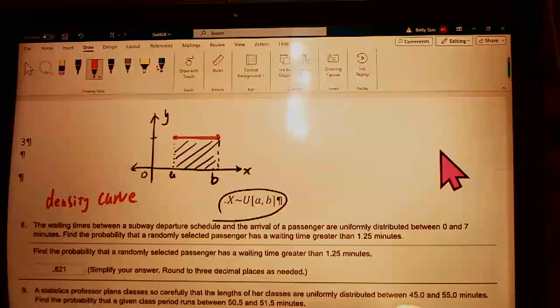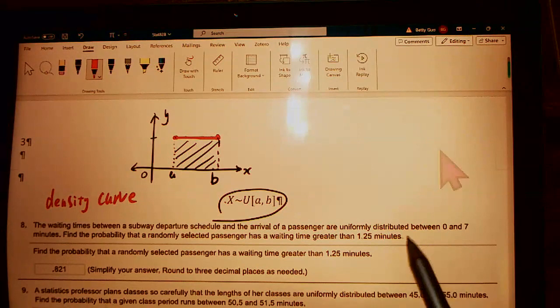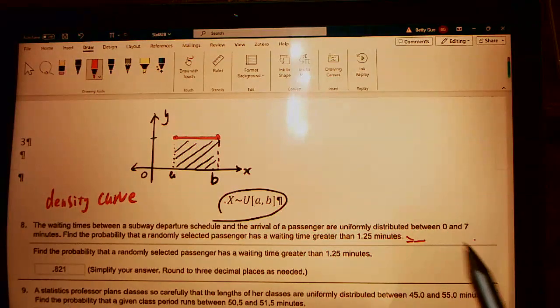That means you go to the subway, and most of the time you have to wait, right? That waiting time is a continuous random variable. Sometimes you get lucky and get on right away. Sometimes you have to wait like 10 minutes. So it's a random variable, and it is uniformly distributed between 0 and 7. 0 makes perfect sense, right?